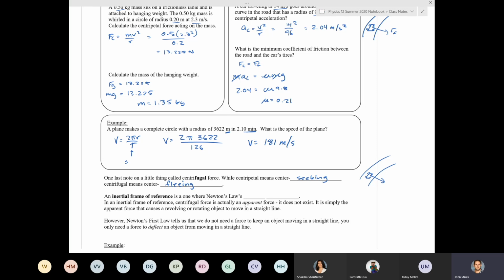But if you've ever turned in a car, like a sharp corner or something like that, you have to sort of lean the other way. And that's because of Newton's first law. So an inertial frame of reference is where Newton's laws are true.